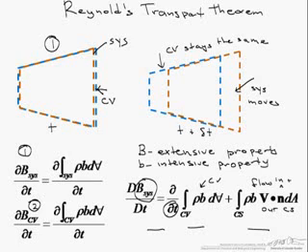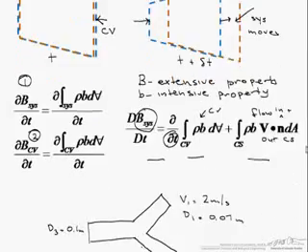And our control surfaces are anything that is a surface of our control volume. So let's take a look at a typical problem.